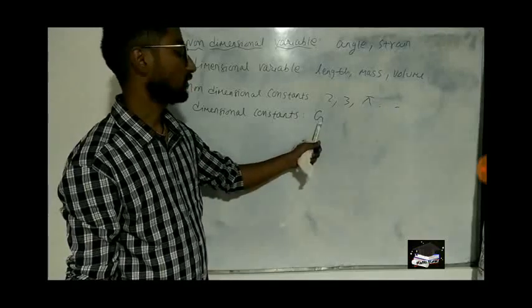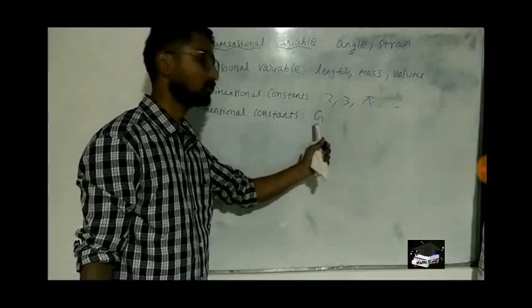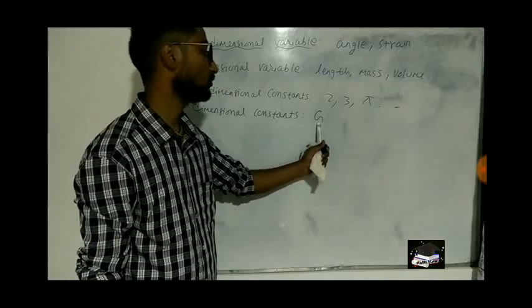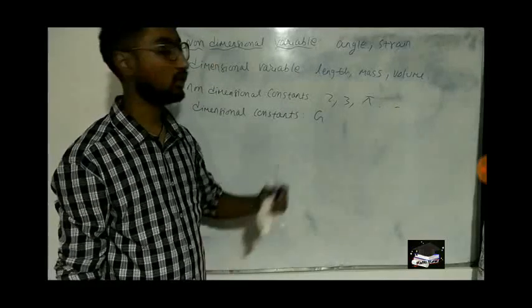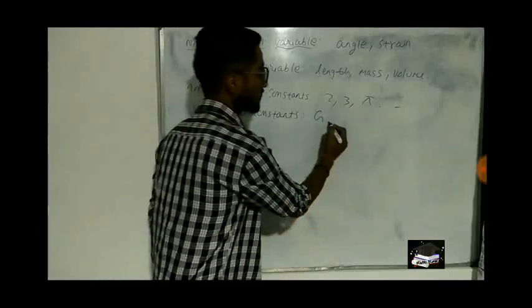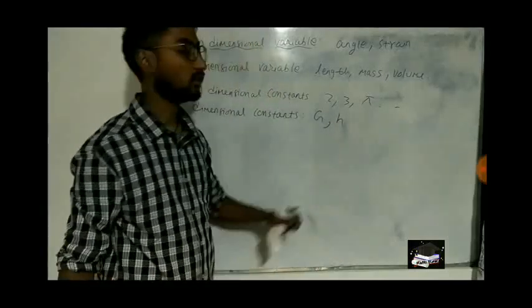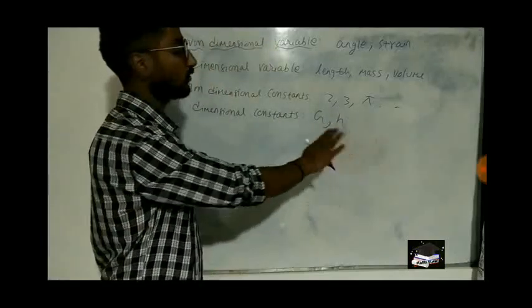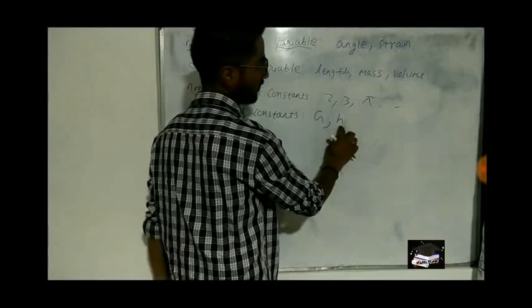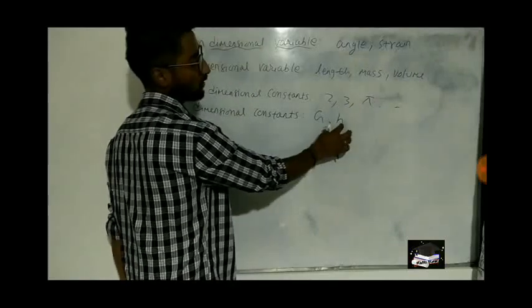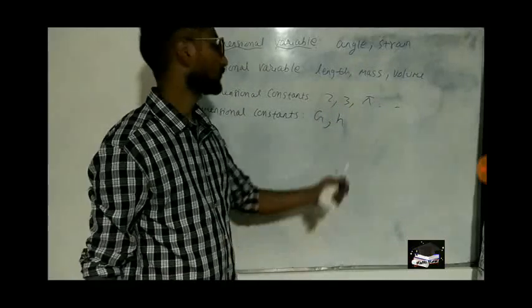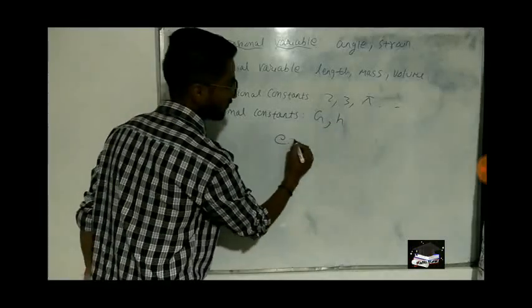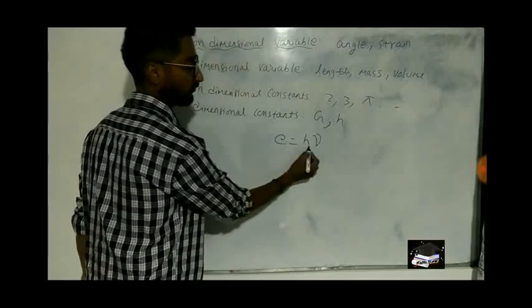Its name itself says it is a constant, because it has a fixed value, but it has a dimension. Next one is Planck's constant. You learn this in higher classes, this year only. Till now you may not have learned about this, or maybe you have. But this H is Planck's constant. E equals H mu.